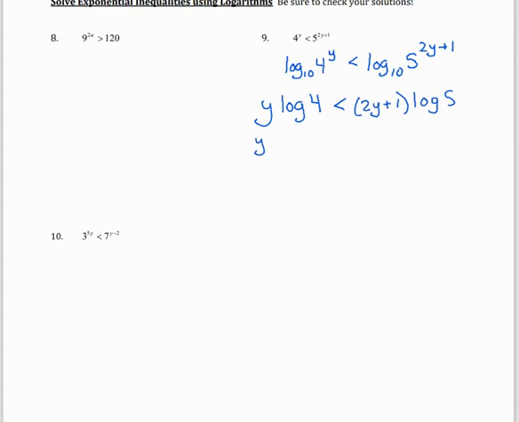We will distribute, so y log 4 is less than 2y log 5 plus 1 log 5. I'm going to get my variables on one side, so I'm going to subtract the 2y grouping.